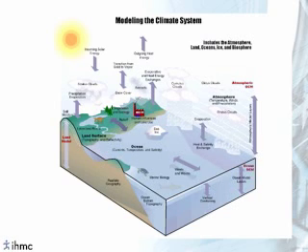We also have in our model mountains. We have snow cover prediction. We have soil moisture. We have vegetation. We have rivers that run the soil moisture out to the oceans.